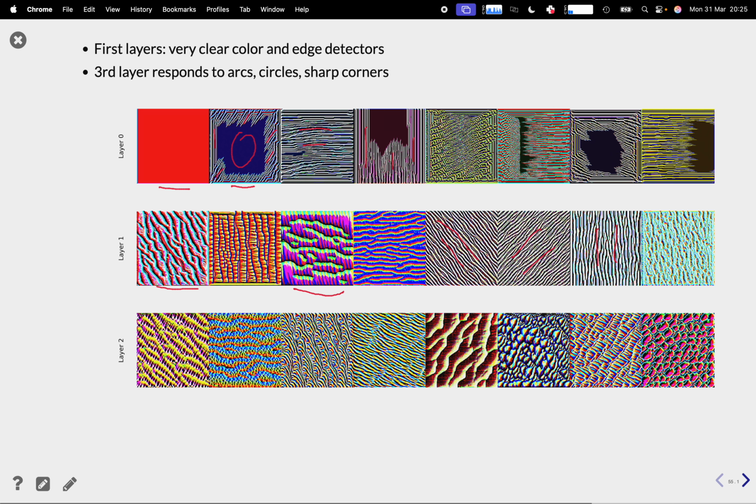And even deeper, we start to see interesting patterns. So these are layer 2 already. By the way, we're not visualizing all the filters of all the layers. We're just going to choose a few that look interesting. Right? And we see that indeed in a deeper network, we get more interesting patterns.